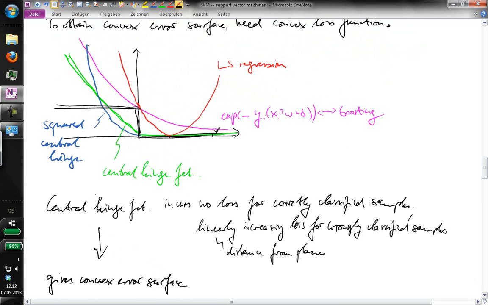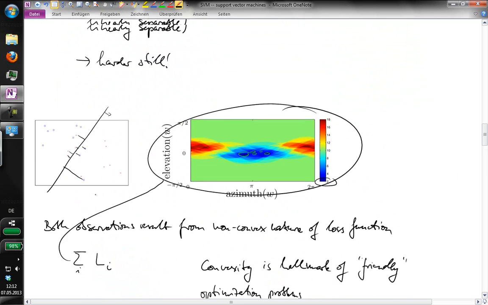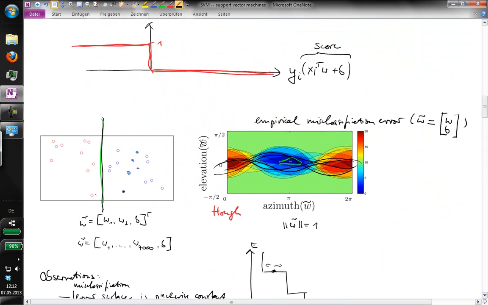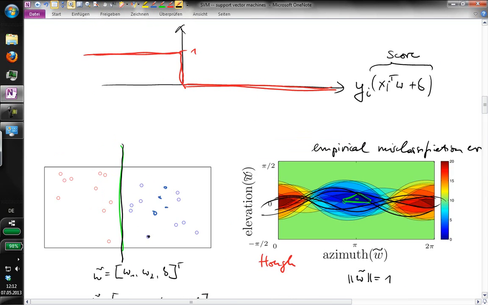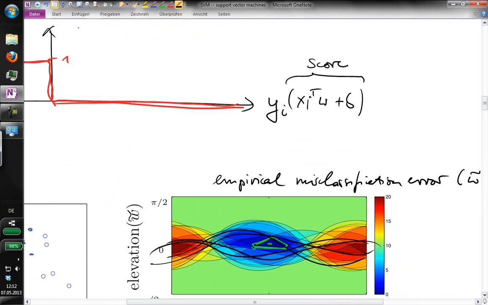Let's go back to this picture here and zoom in. There is this region here, the sweet spot, which is not a spot but a sweet area. So all of these solutions have 0 classification error, and that for a support vector machine is called the version space.